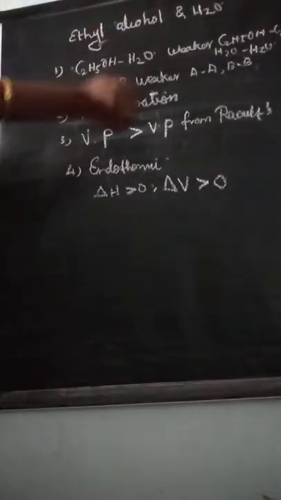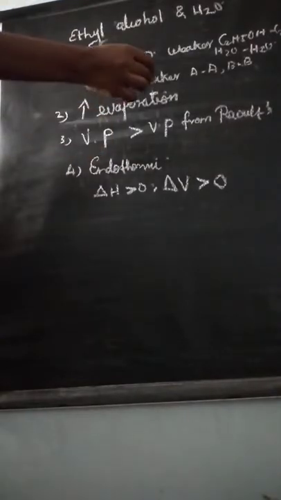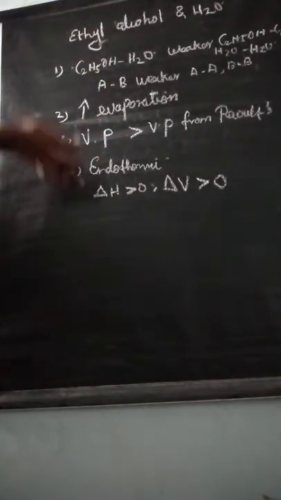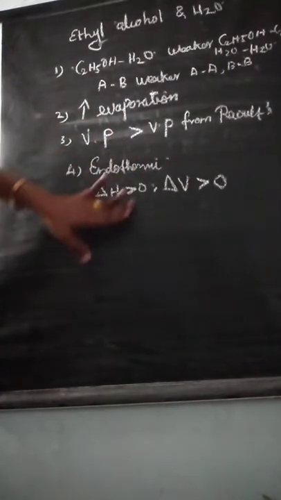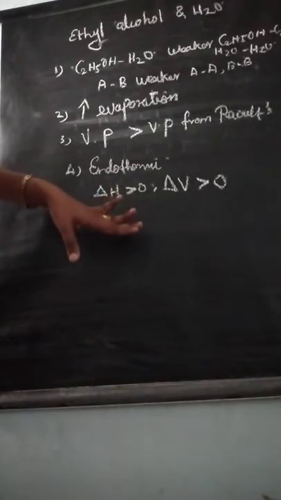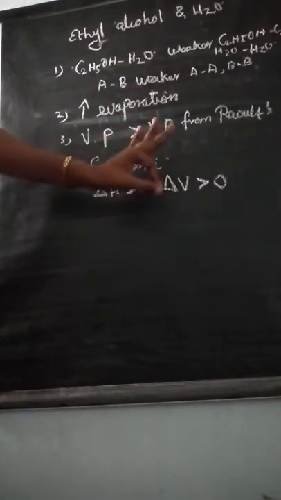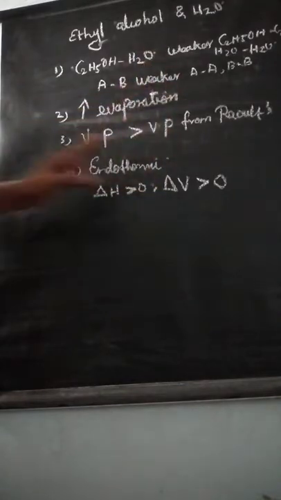Third point: the vapor pressure of this solution is greater than the vapor pressure predicted by Raoult's law. From this, the mixing process is endothermic. If the process is endothermic, delta H is greater than 0, which means a slight increase in the volume, delta V greater than 0.